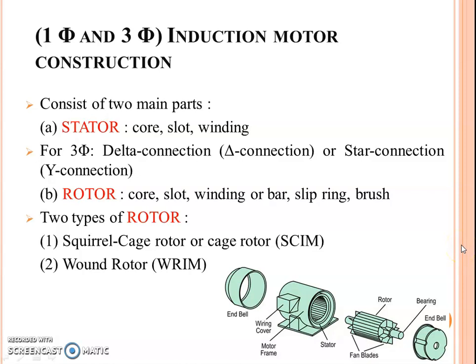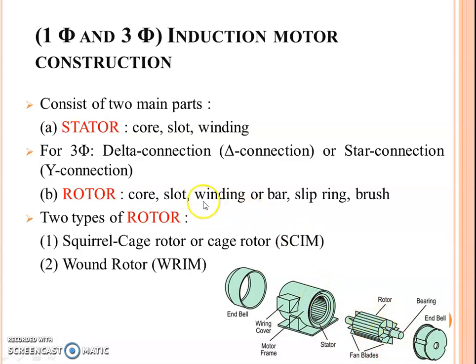Okay, in terms of construction we have the same parts, which are the stator and rotor. The stator refers to the core and the slots of the winding, which are fixed on the stator side, outside of the rotor.